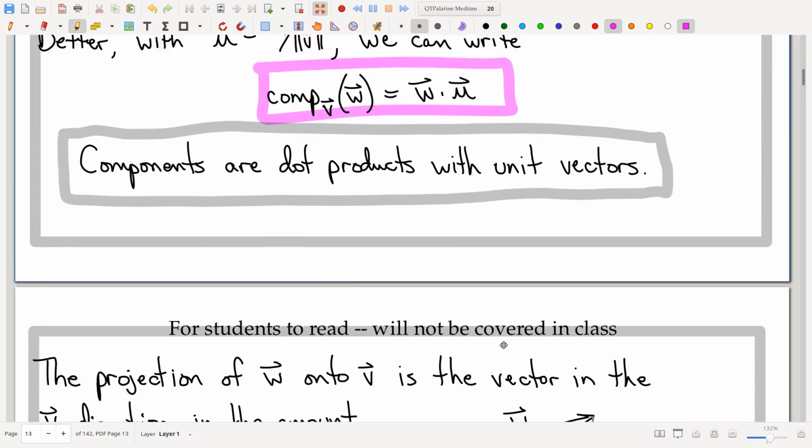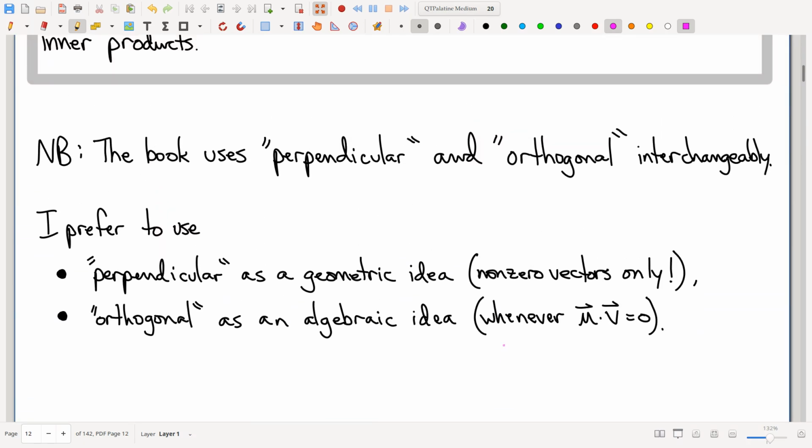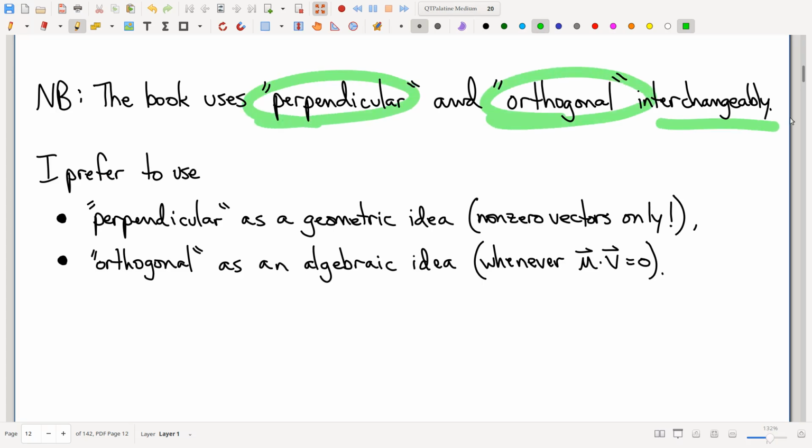Okay, now I did skip over one thing here, and I am going to come back and talk about this a little bit. This is a little pet peeve of mine. So be it. The book uses these two words basically interchangeably. I think that's a missed opportunity. Orthogonal is not just fancy talk for perpendicular.